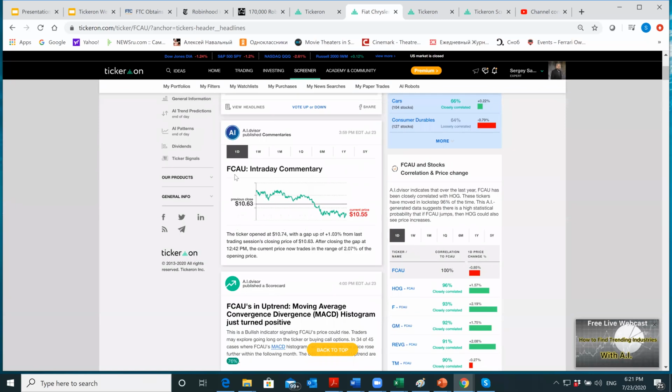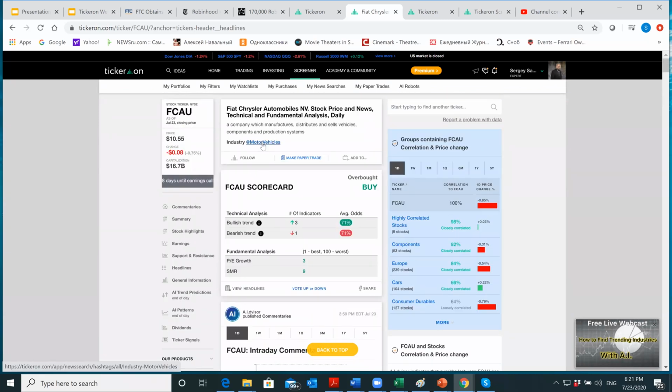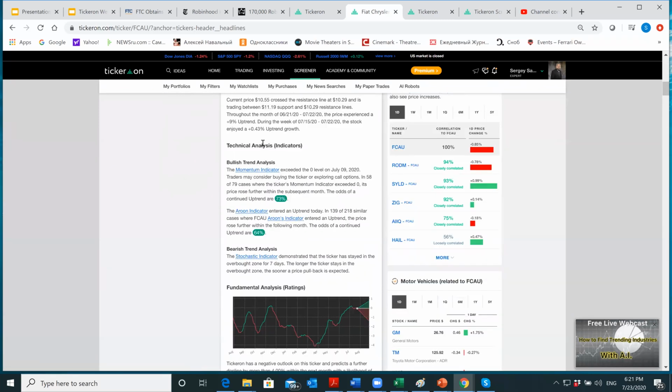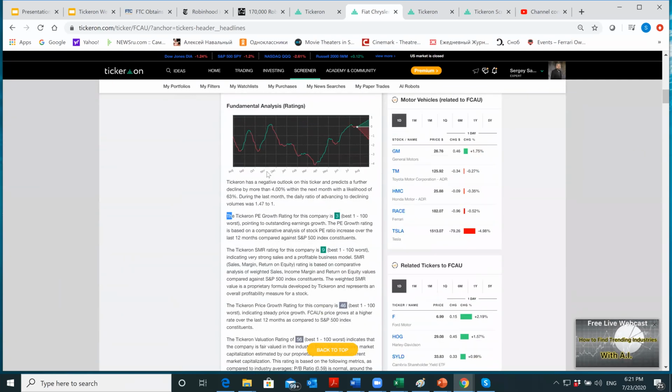The group is motor vehicles. So we now rate the companies inside of this group, whether or not they're green or red or gray. So from 1 to 100, we rate them. 1 is good, 100 is worst, okay?